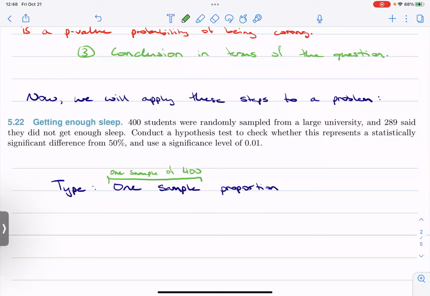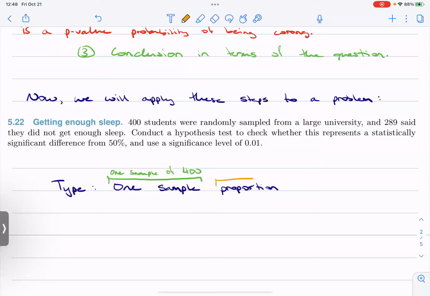If it was two samples, what would it look like? We took a random sample of students at UBCO and a random sample of students at OC. At UBCO, we found that this many did not get enough sleep, and at OC, this many did not. Then all of a sudden we have information from two samples. That's where we're headed, and we will be able to solve those problems. But for now, just one sample.